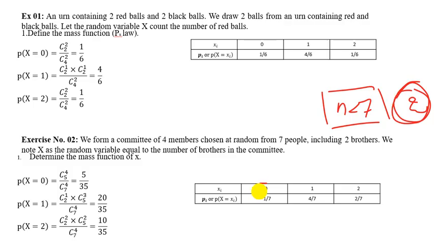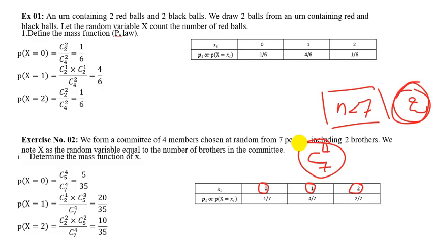What values can our random variable take? First is 0, which means none of them is in the committee. Maybe one of them, either A or B, is in the committee. And finally 2, which means both are in the committee. So the cardinal of omega is simply choosing 4 among 7, C(7,4). Why is it a combination?